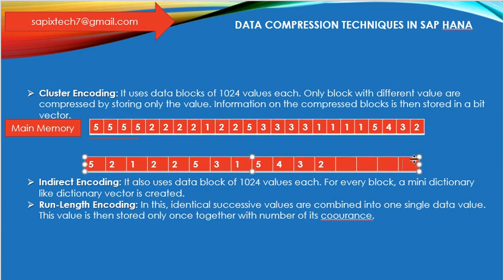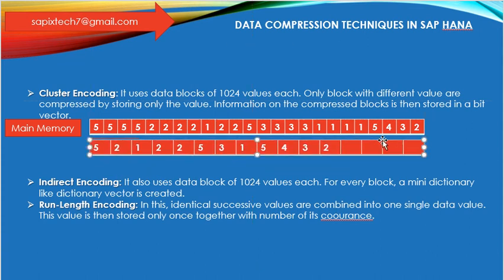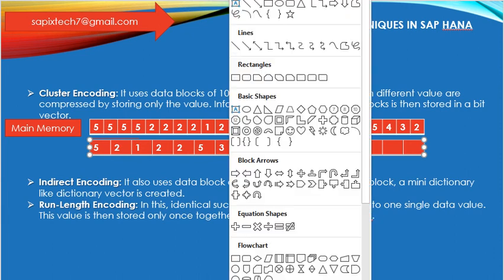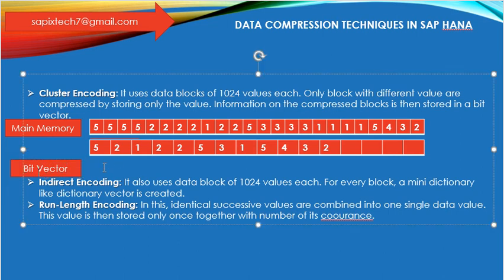And for this, it creates a bit vector. Let me show you. For this, it creates a bit vector.